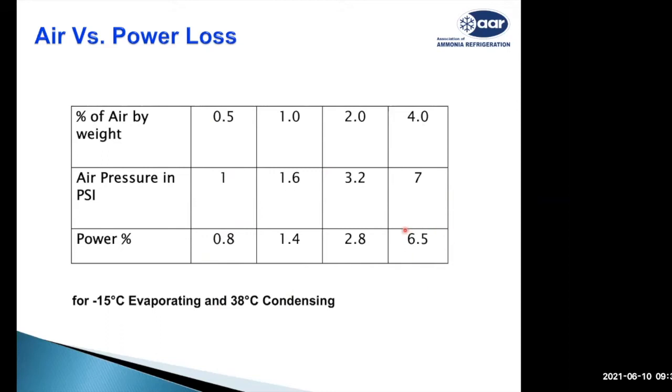Now let's talk about an ammonia refrigeration plant with around 1000 kilowatts of power. If you are increasing it by 6.5% of that, you are talking about 65 kilowatts of power per hour being consumed. Just calculate how much money you will be paying because of the air.